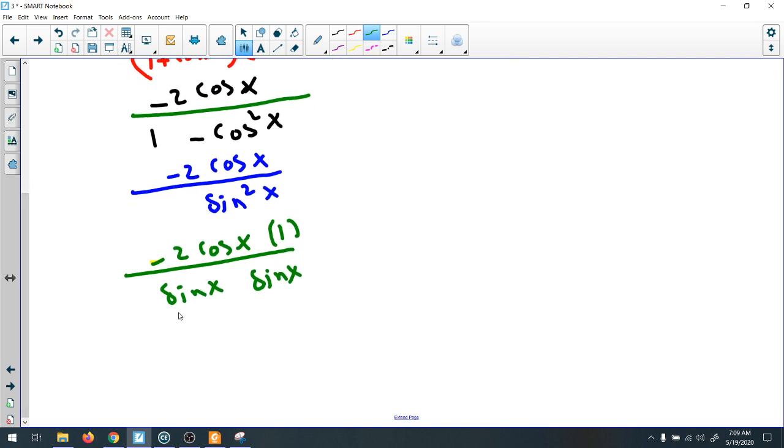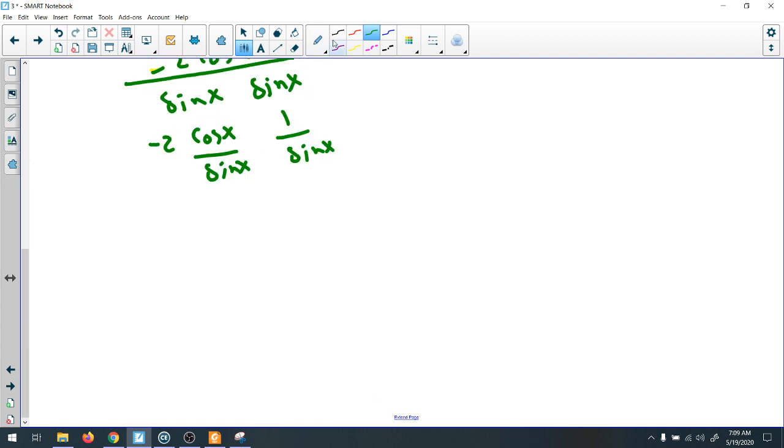So let's organize it. Write negative 2, then cosine x divided by sine x, and 1 over sine x. So keep negative 2. Cosine over sine will be cotangent, if you start with cosine.